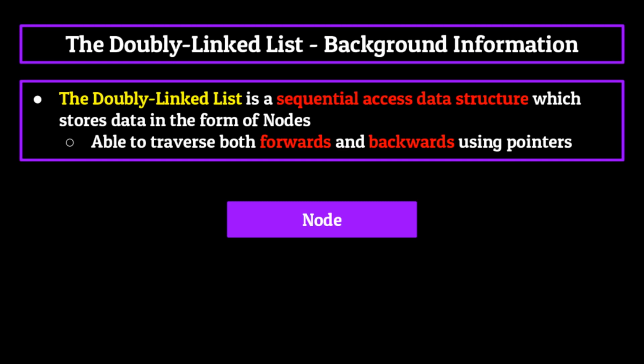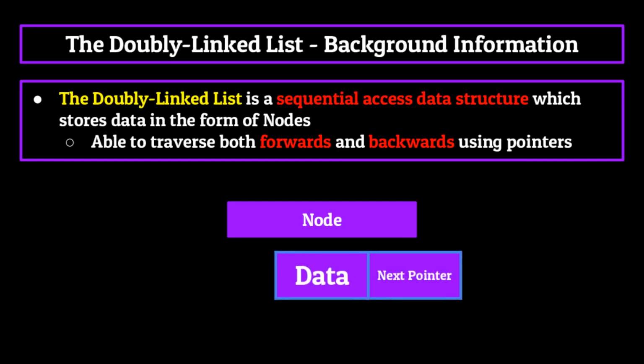With regular linked lists, each element was a node composed of both a data section and then a pointer, which would take you to the memory location of the next node in the list. Using this, we were able to traverse a linked list easily to search for information, access data within a linked list, or add and remove nodes from within the list with ease.